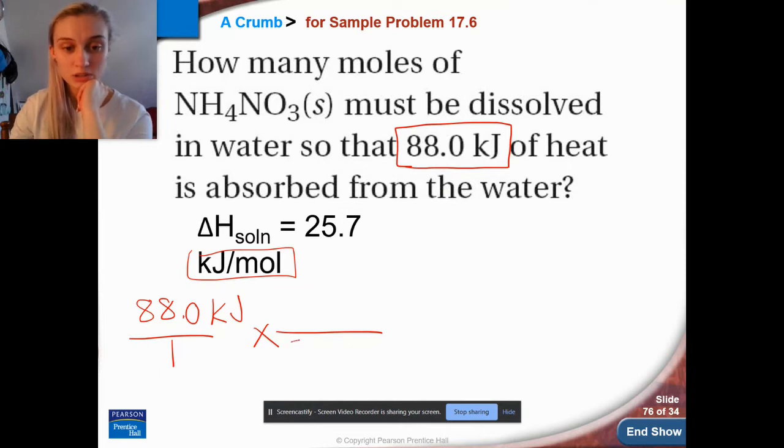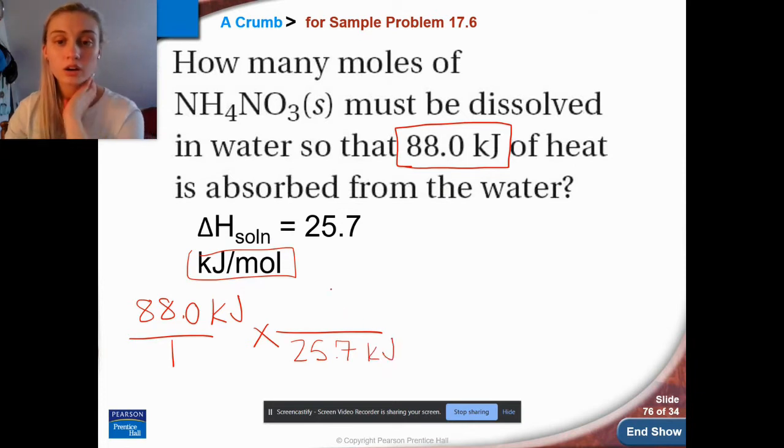So I'm going to say 25.7 kilojoules are absorbed. Sorry, I was looking for the word absorbed. So 25.7 kilojoules of heat is absorbed for every 1 mole of NH4NO3 that is dissolved in water.